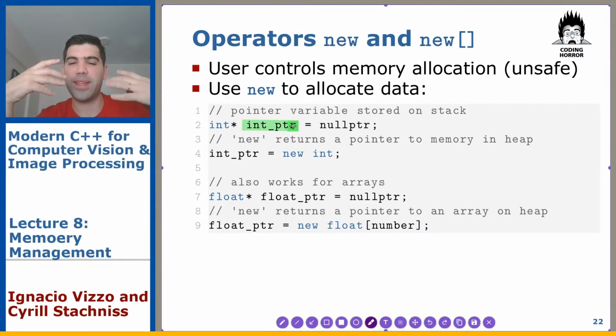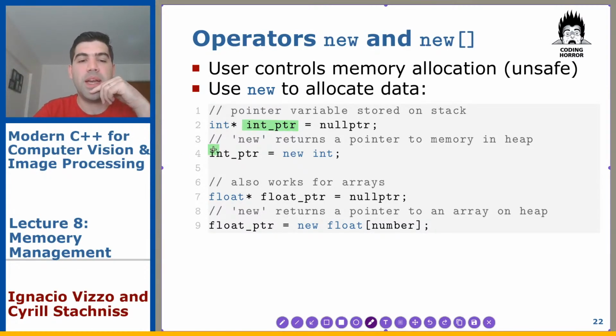All these addresses, at the end of the day, are on the same memory chip, but the operating system will not allow you to access any kind of memory there. And with this pointer, you say, okay, new integer, new returns a pointer, meaning an address to a memory in the heap. So the pointer itself is on the stack, but the address in the pointer points to a heap memory address.